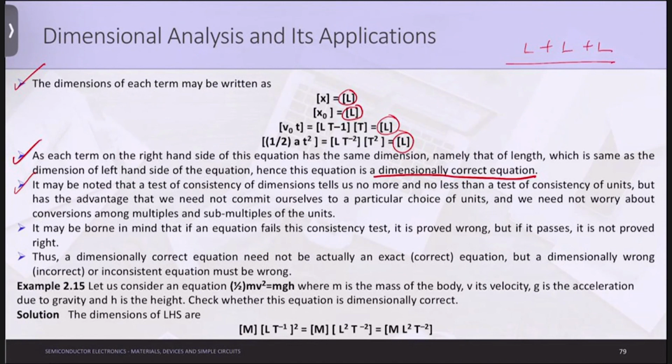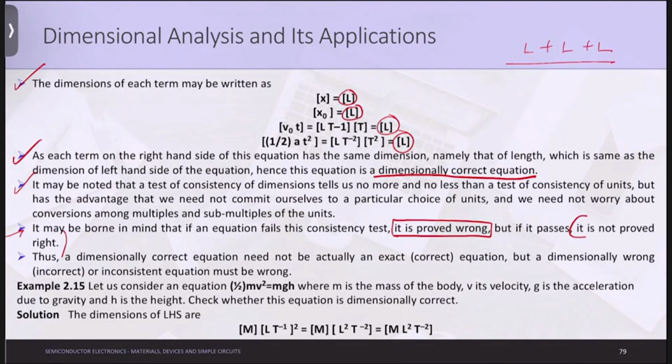It may be borne in mind, very important, please look over here, that if an equation fails the consistency test, it is proved wrong. Even if the numerical accuracy is correct, it is wrong. If it is inconsistent, then the equation is wrong. You have made a mistake somewhere. But if it passes, it is not proved right, because then there may be some factors to be considered or something has to be added in order to make it accurate enough.